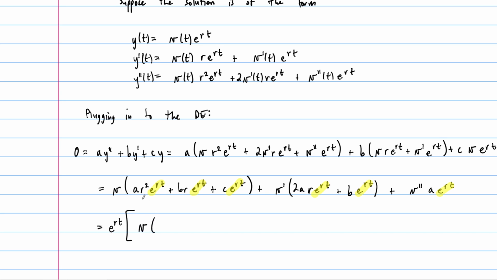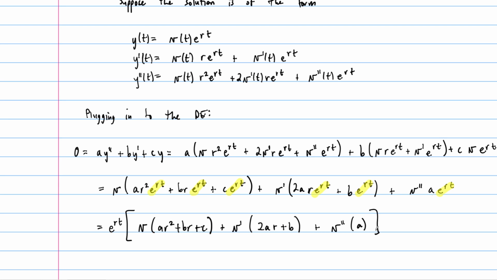So here we have our v times ar squared plus br plus c. Then we have our v prime times 2 times a times r plus b. Then we have our a times our v double prime.